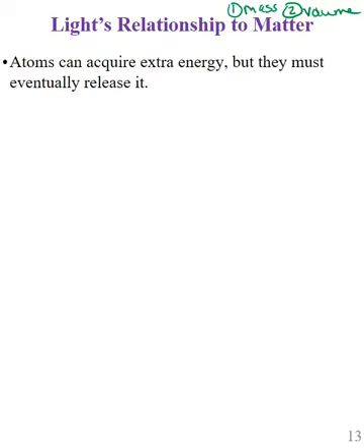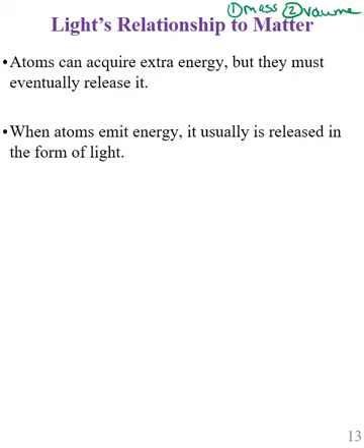Okay, so atoms, which are the smallest unit of matter, can acquire extra energy, but they must eventually release it. When atoms emit energy, it is usually released in the form of light. This is the light's relationship to matter.